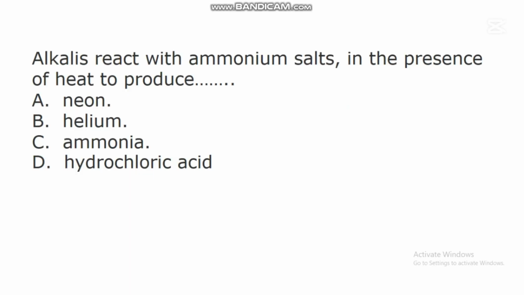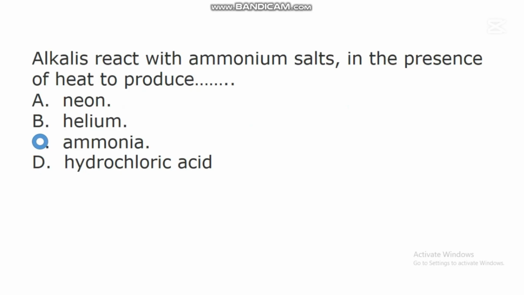The next question says, alkalis react with ammonium salt in the presence of heat to produce dash. A. Neon. B. Helium. C. Ammonia. D. Hydrochloric acid. In this question, the correct answer is C. Ammonia.